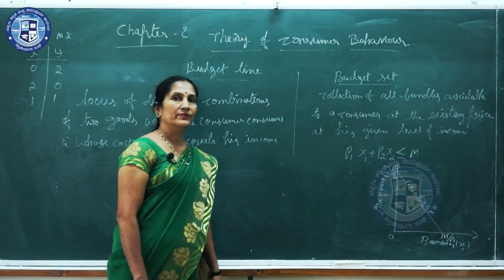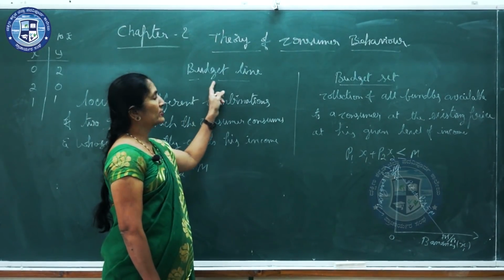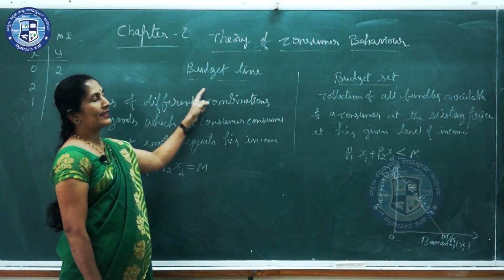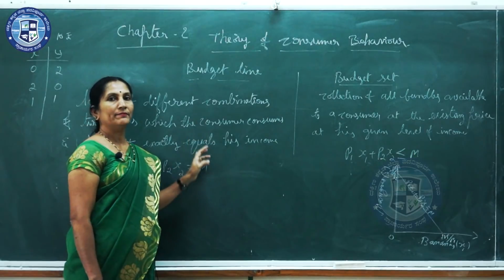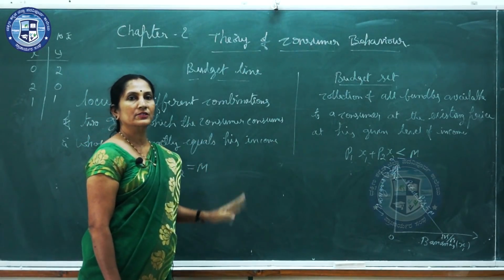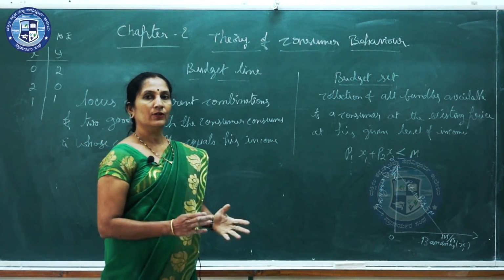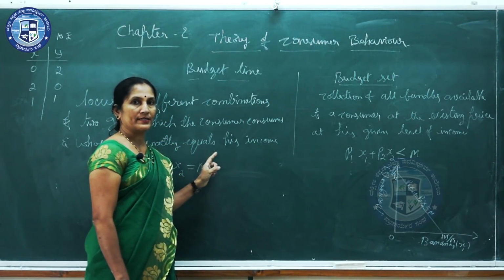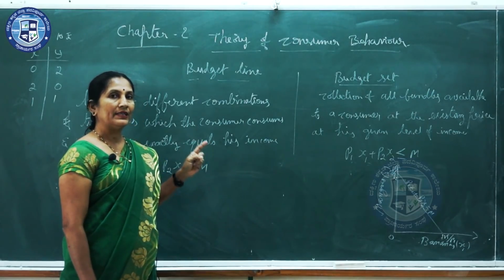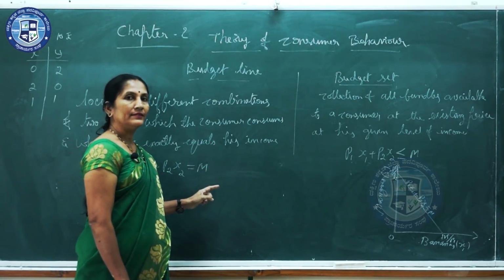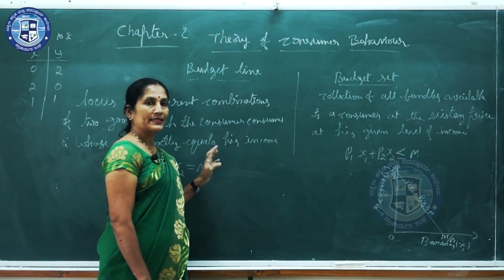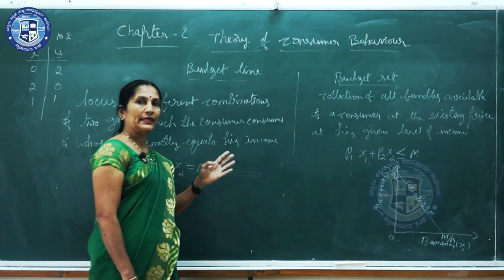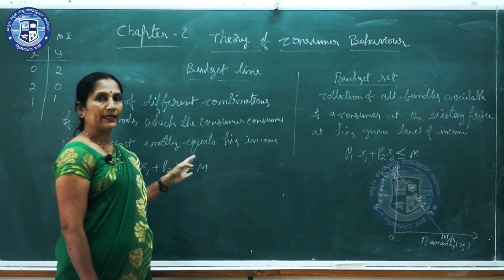Dear students, let me explain the concept of budget line and budget set. What is a budget line? A budget line is the graphical representation of the different combinations of two goods which the consumer can purchase with the given level of income and the given prices, such that the cost is equal to his income.